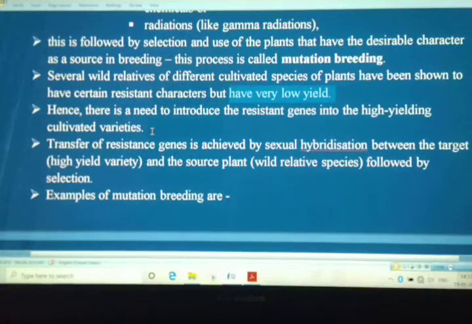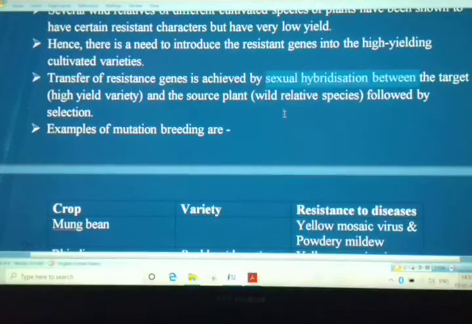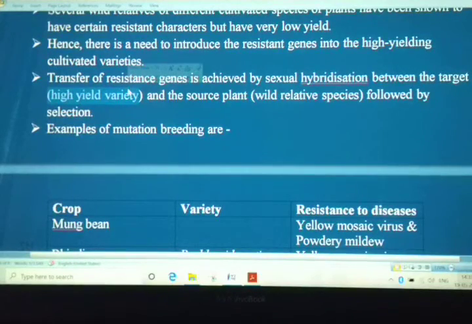Now this transfer of the resistant gene will be done by sexual hybridization, that is, by cross pollination and cross fertilization, between the target and the source. The target is the high yield variety of the plant, and the source is the wild native species from where the gene for resistance has been collected.